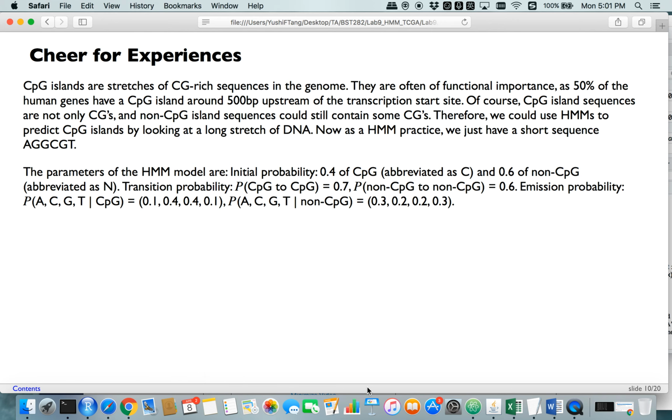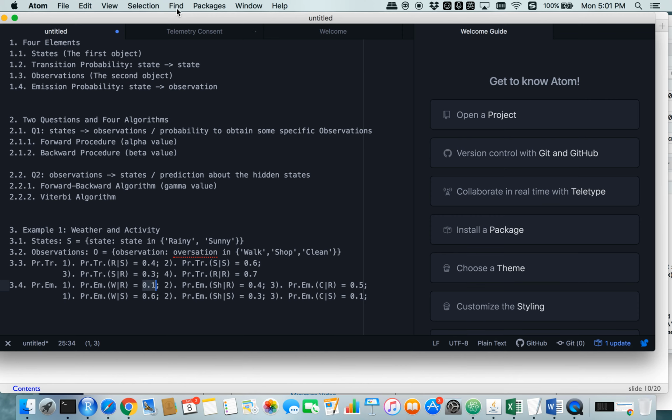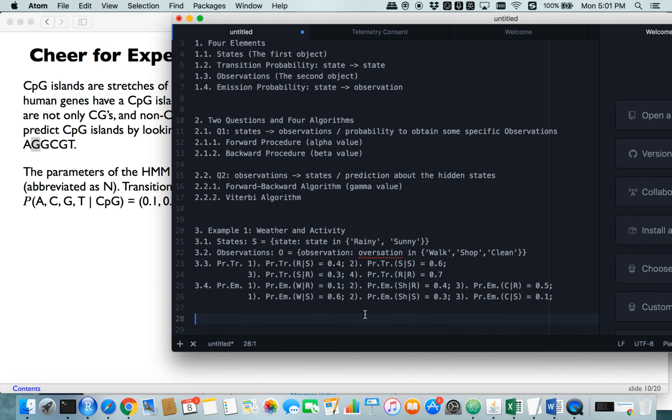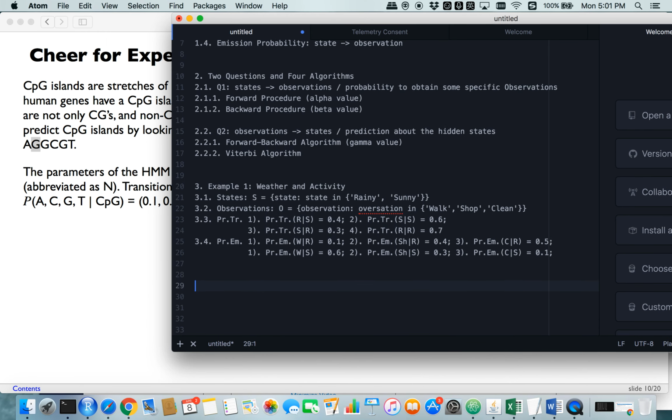So remember that the first thing we have to do when we are dealing with a hidden Markov model. Now it's the fourth example. It's the second example, sorry. So it's CpG island and amino acid. Alright, so the first thing is still to find the basic 4 elements. So what's the state now?